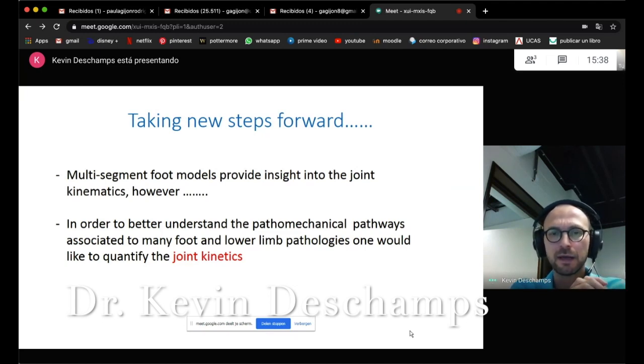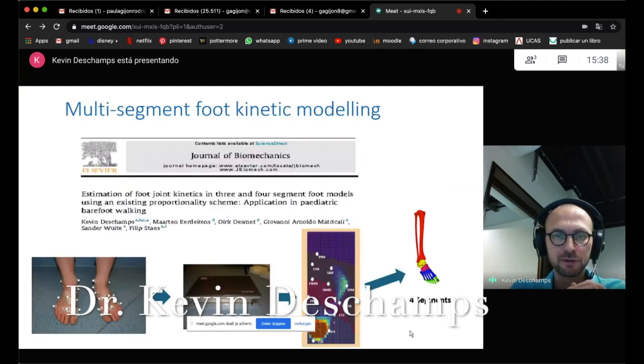And analyzing the kinetic behavior is for sure a more challenging task. As I said, we started tackling this task more than 10 years ago, and since about 5 years now, we are able to assess those joint kinetics within the foot in vivo, in our gait lab, in order to grasp better the function of the foot.